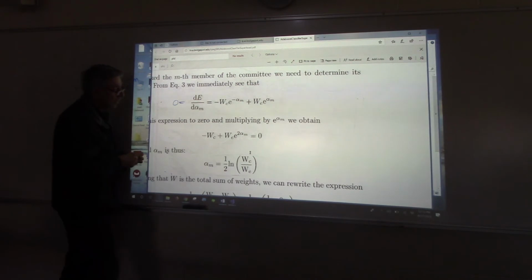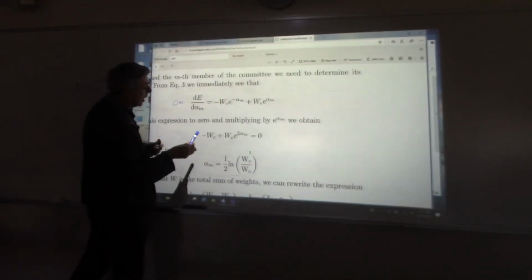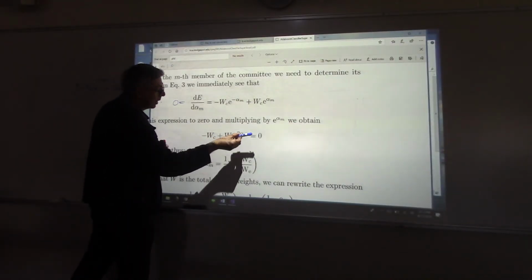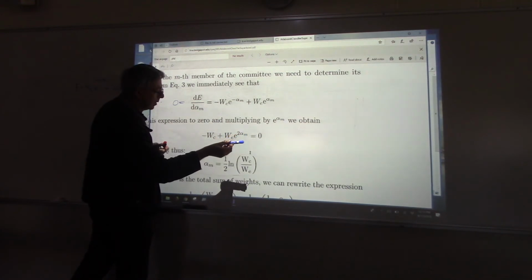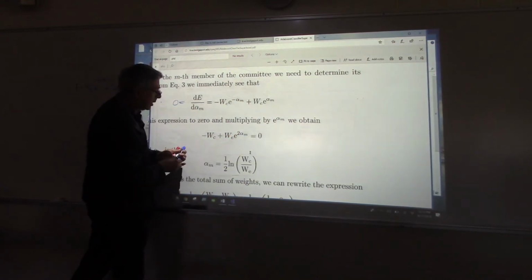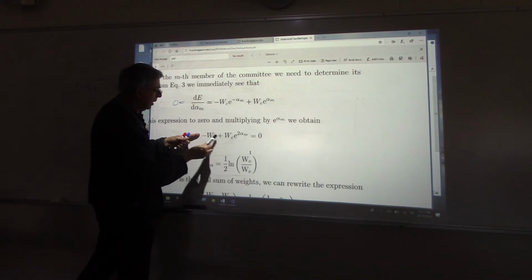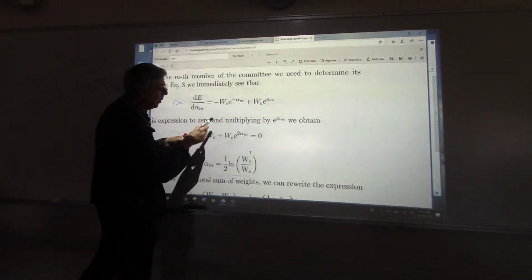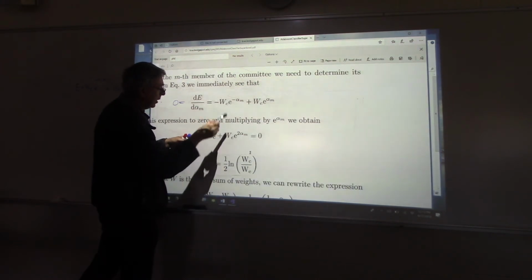So if we now set it equal to 0, let's multiply both sides by e to the alpha m.